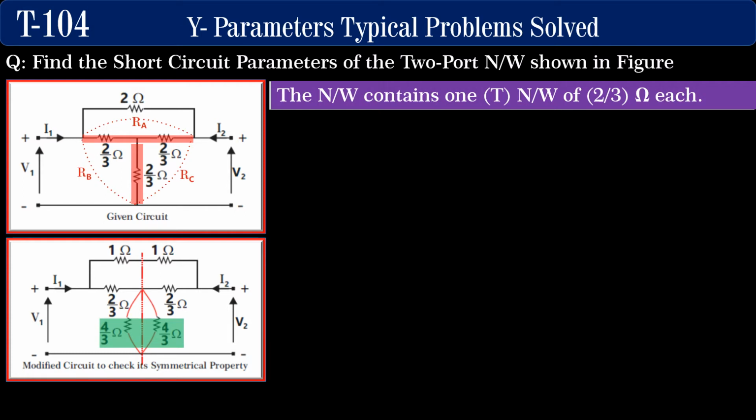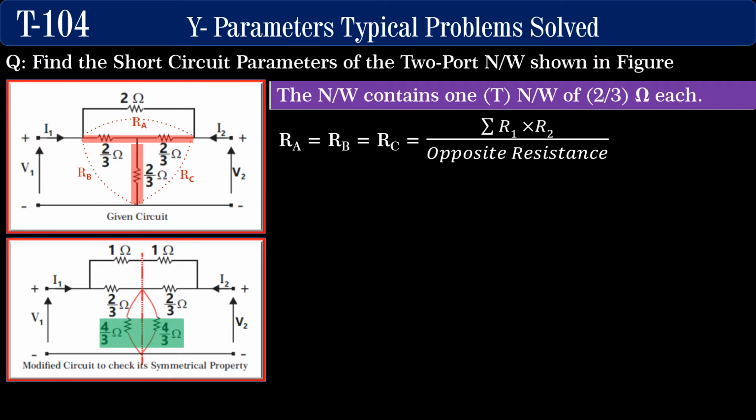Let RA, RB and RC be the equivalent delta connected resistances. We know how to find RA, RB, RC. We know RA is equal to RB is equal to RC is equal to the summation of R1R2 divided by the opposite resistance. What are these R1, R2?